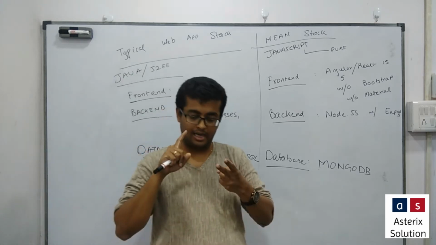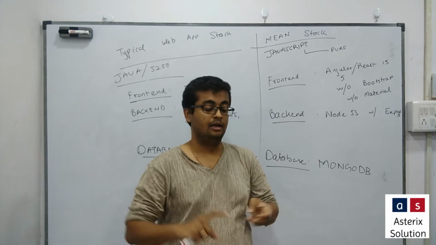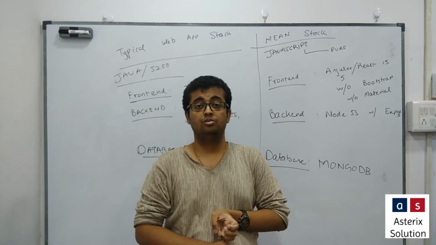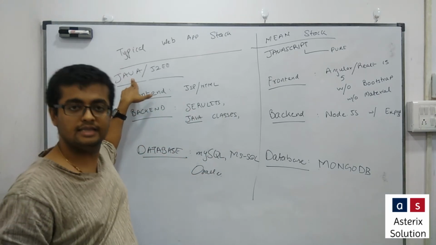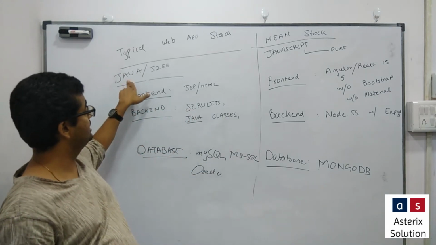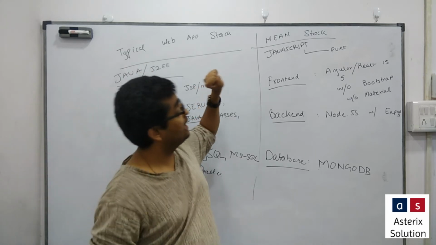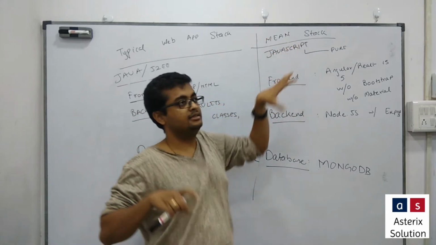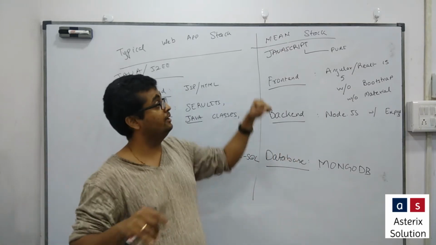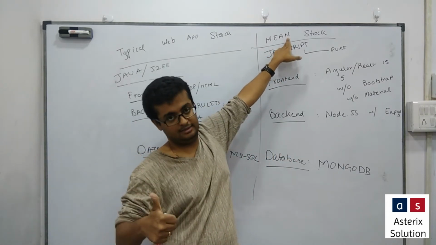Reading a file, accessing a socket, giving you a socket connection, writing data into your hard disk, etc. Whatever capabilities are there in a server-side language like Java or .NET are now also there in JavaScript because of Node.js. JavaScript standalone doesn't have it, but when you couple it with Node, it does.